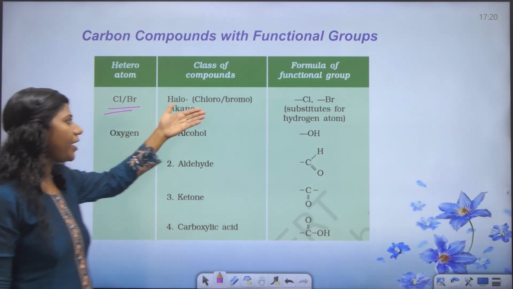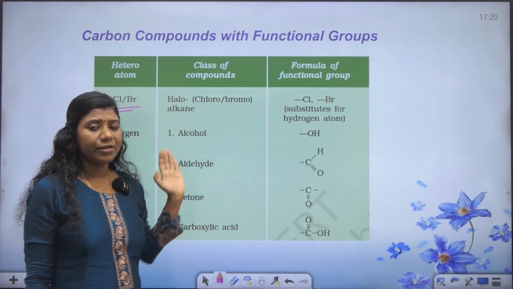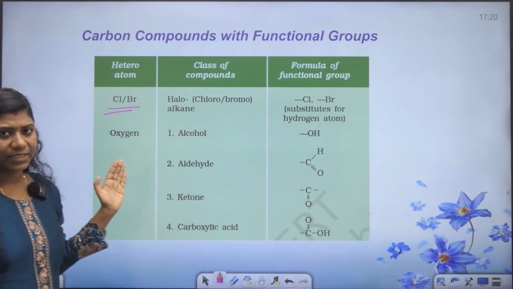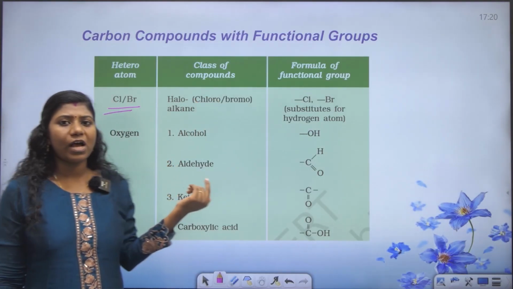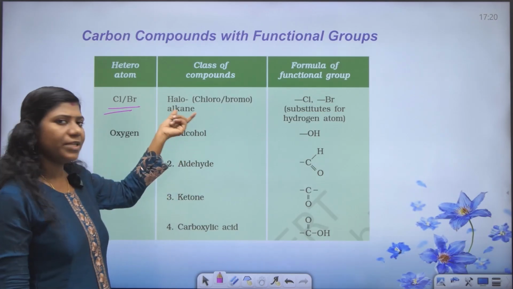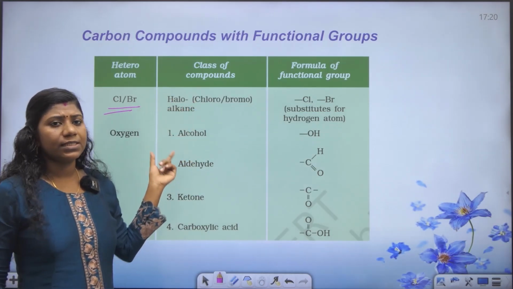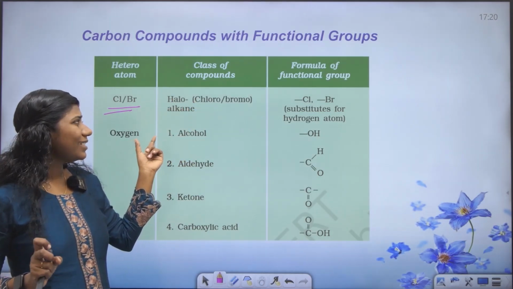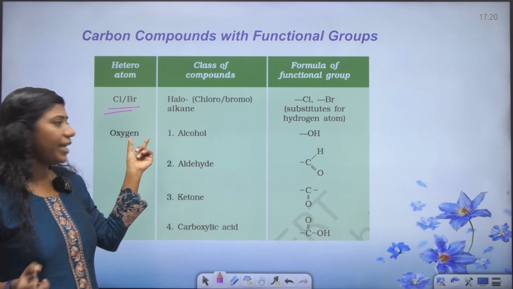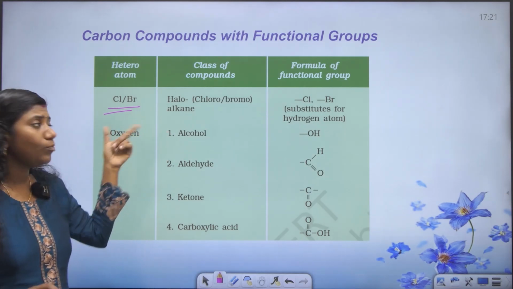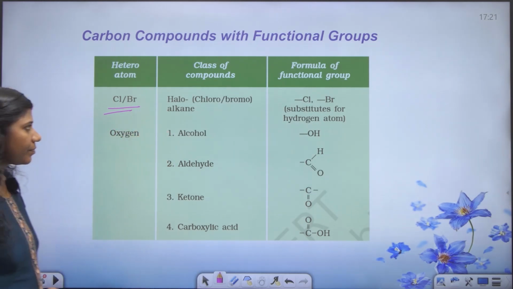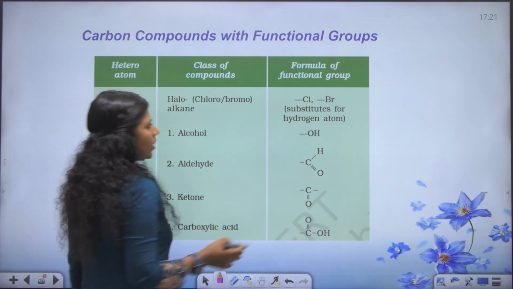Or bromine attached to hexane, that molecule is bromohexane. Hexane means the number of carbon atoms is 6. That means bromine is attached to a compound containing 6 carbon atoms. The molecule is bromohexane.